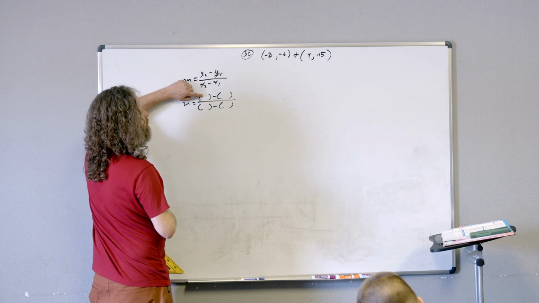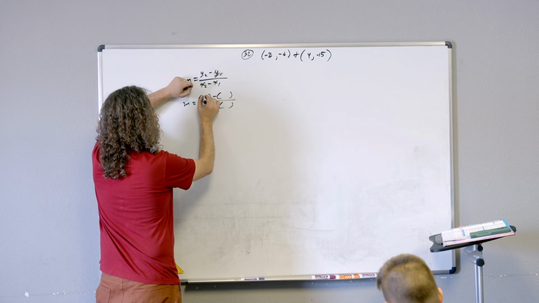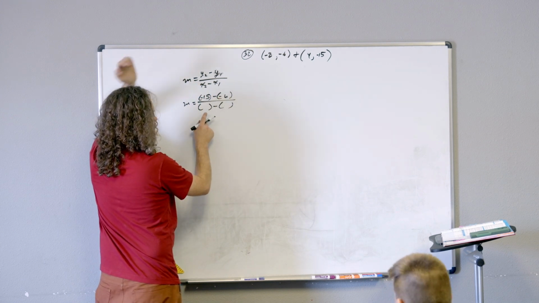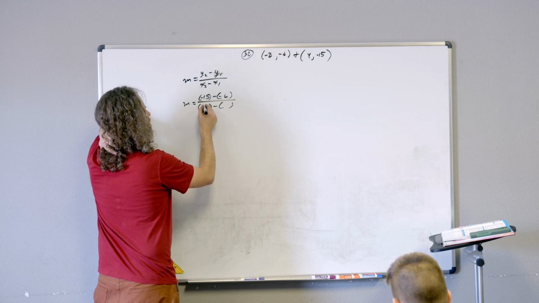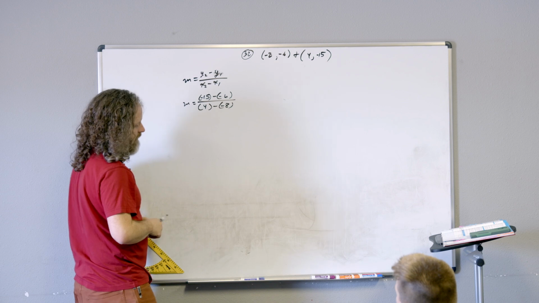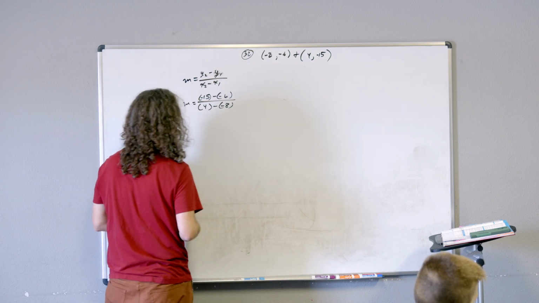It's going to go right here, and here. -6, and 4, and -8. Then we do ka-ching on both.